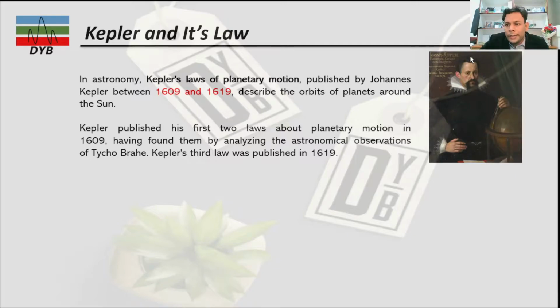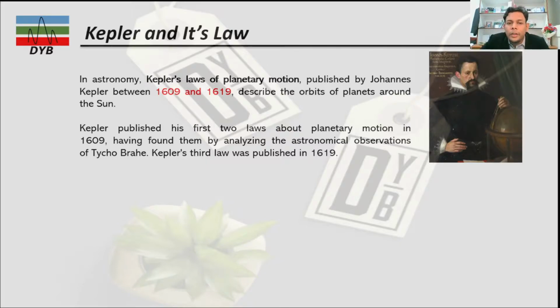Here on the right side is a picture of Kepler. He published his first two laws about planetary motion in 1609, having found them by analyzing the astronomical observations of Tycho Brahe.